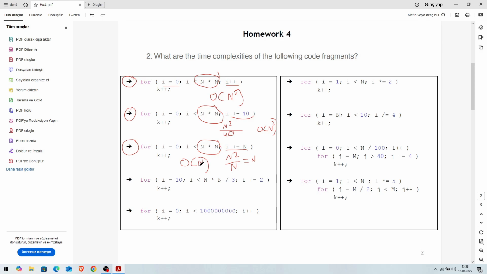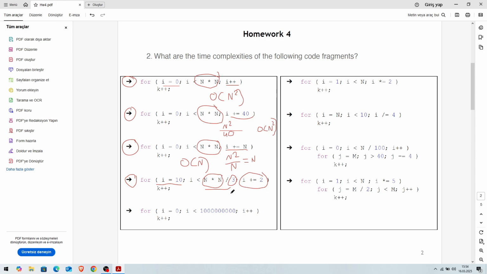When I look at this question, the loop goes from e equal to 10 up to n squared divided by 3 in increments of 2.